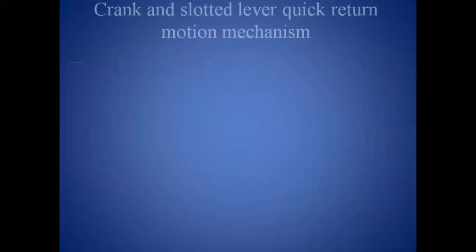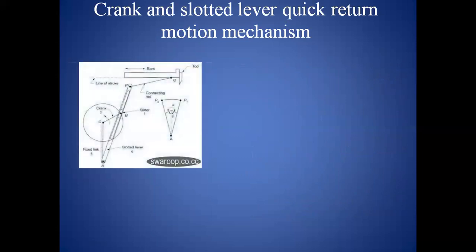Crank and slotted lever quick return motion mechanism. In this mechanism, the connecting rod, called fixed link 3, is fixed. That is represented here as CA. Here you can see in the figure.